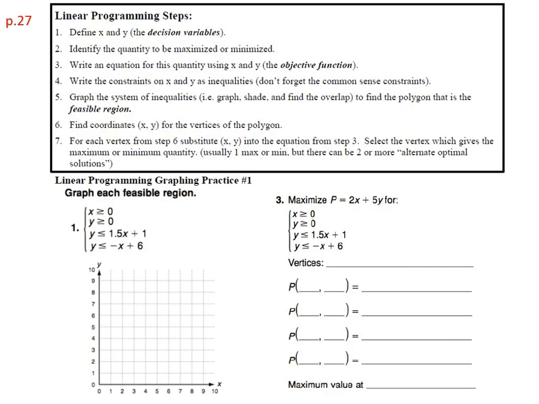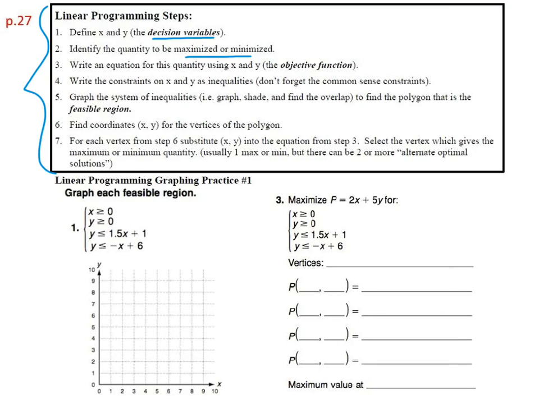So in your packet, you will see this box that reminds you of all the steps that are used with linear programming. So remember, first thing you want to do is define your variables, those decision variables. Identify what you want to maximize or minimize.